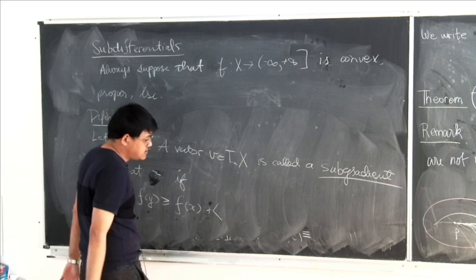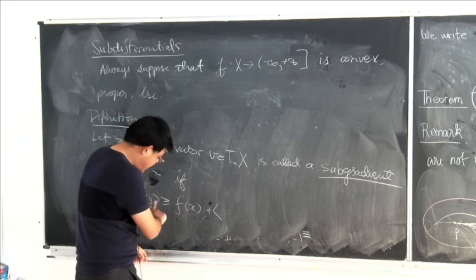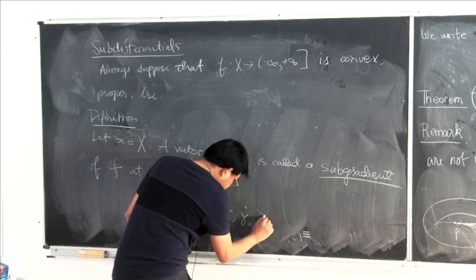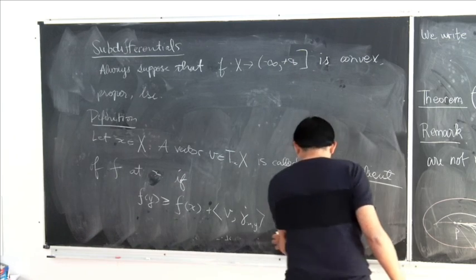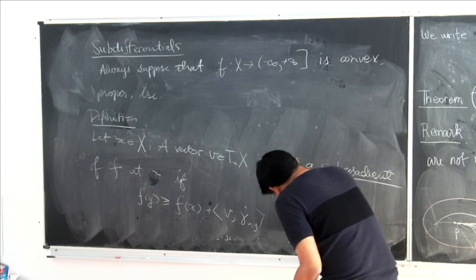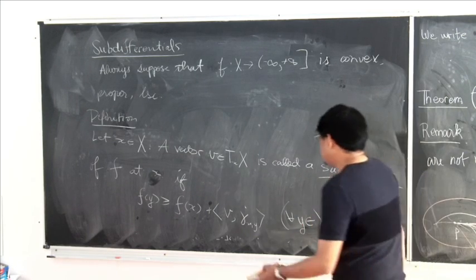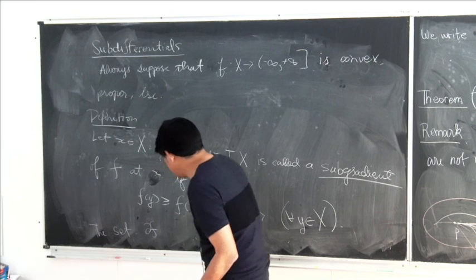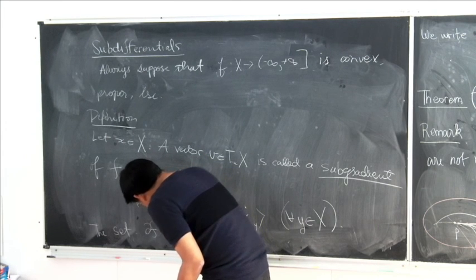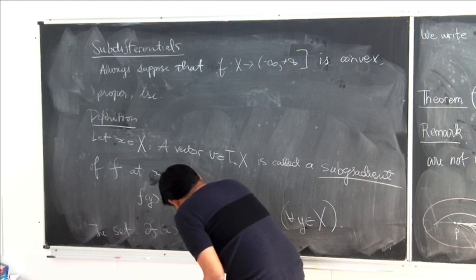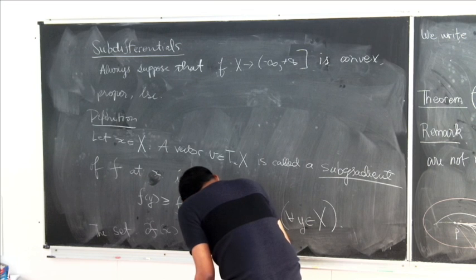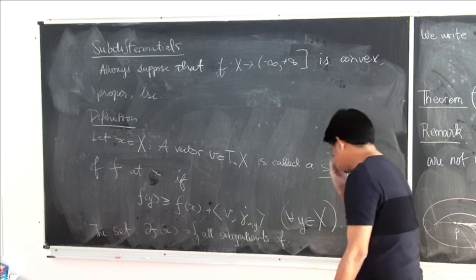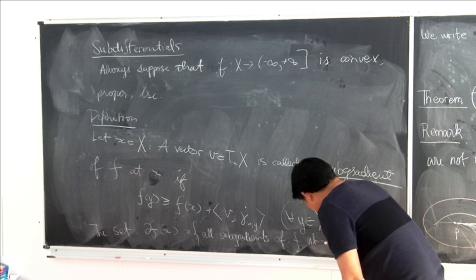It's a kind of generalization of an inner product. f(y) is larger than or equal to f(x) plus the product of v and gamma, and this has to hold true for all y in X. And the set ∂f at x is defined to be the set of all subgradients of f at x.